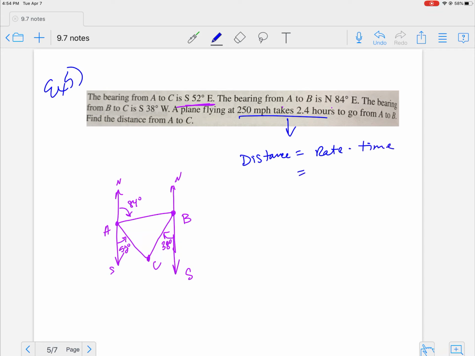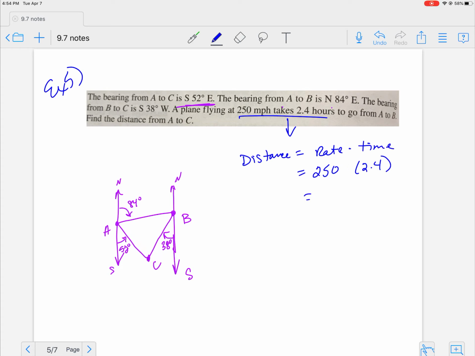Now here's the kicker. The whole purpose of this information is we know a little thing coming into this: distance is equal to rate times time. We don't have any distances, we're trying to figure all this out, right?